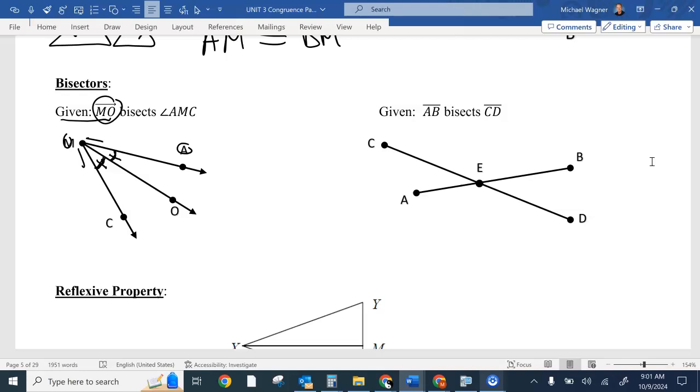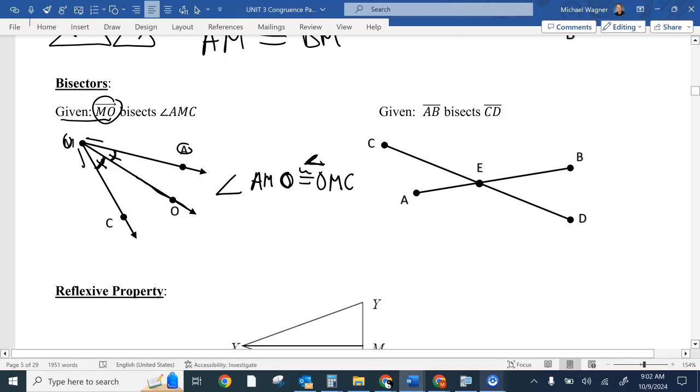And then we can put that angle AMO is congruent to angle OMC. You should put angle there, okay? So that's how we mark it, and that would be the statement, okay?